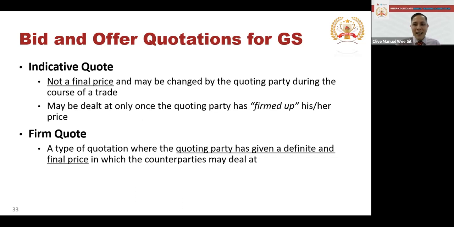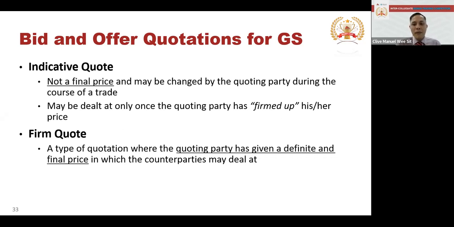You're just letting the counterparty know that this is a price you're giving so that you can show a price, but it's not ready for dealing. But let me remind you that when you deal, it's always understood that it's firm unless otherwise said that it's not firm. So you have to say that it's an indicative quote.